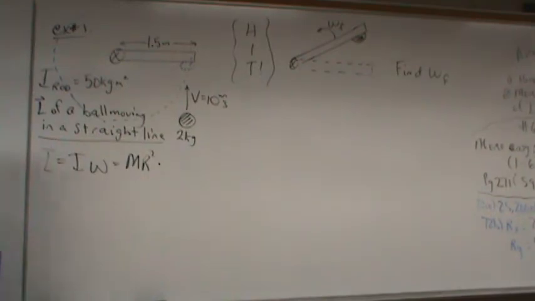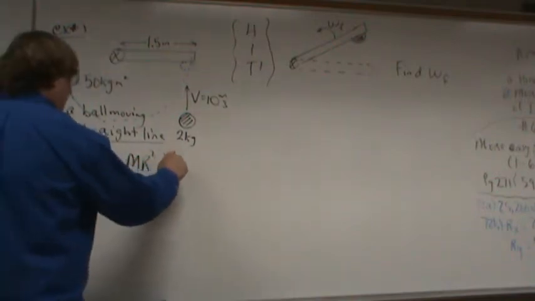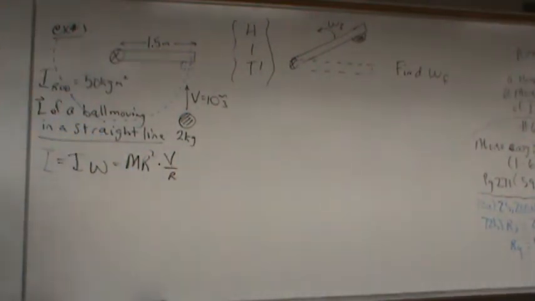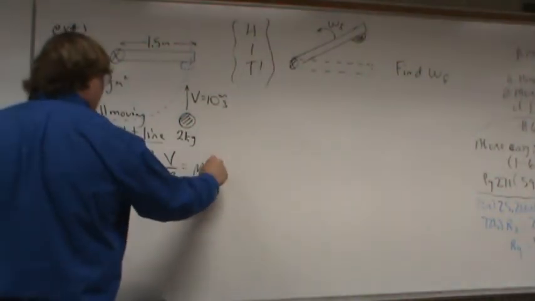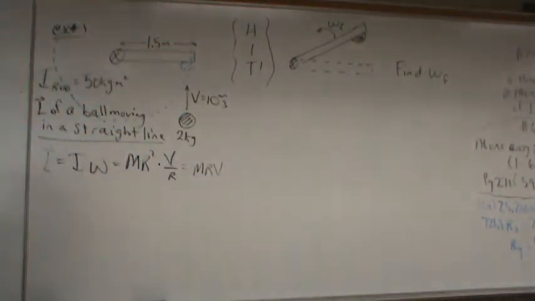Well, because he's moving in a circle and 10 meters per second is its linear velocity, I'm going to make this substitution. Omega is v over r. And now one of the r's cancels, and I get mrv. And there it is.